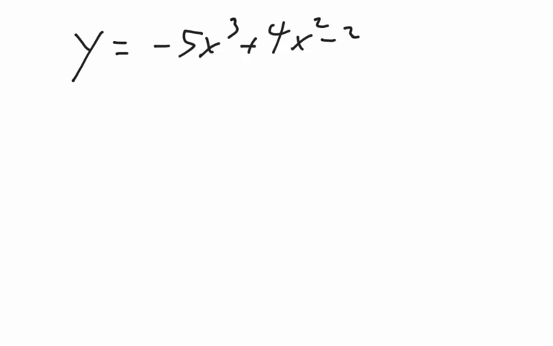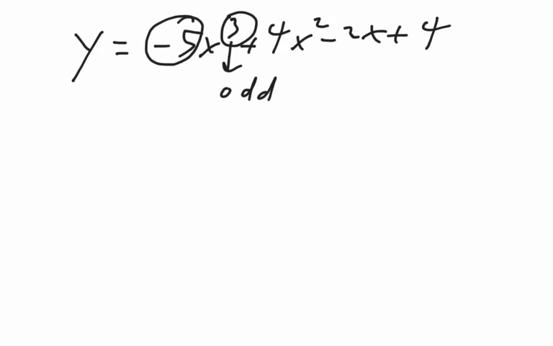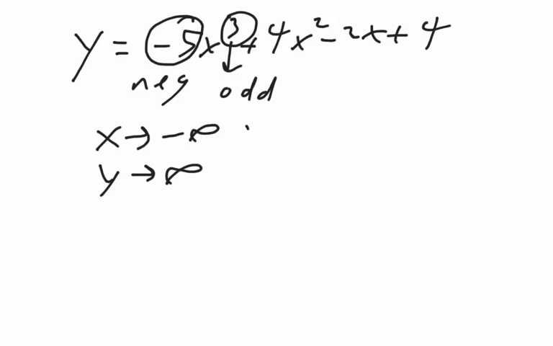So when we take a look at the next problem, here's my exponent of 3, which once again is odd, and the 5 is negative, which means on the left side we actually are going up, and on the right side we're going down.